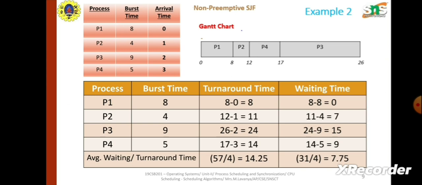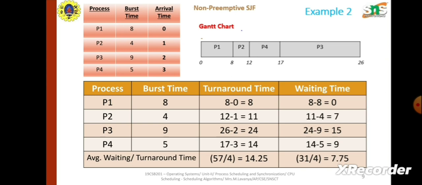The formula for finding the turnaround time is turnaround time equals completion time minus arrival time. For process P1, completion time is 8 milliseconds minus arrival time 0 equals 8 milliseconds, the turnaround time of process P1. Then for process P2, the completion time is 12 minus arrival time 1 equals 11, the turnaround time of process P2.